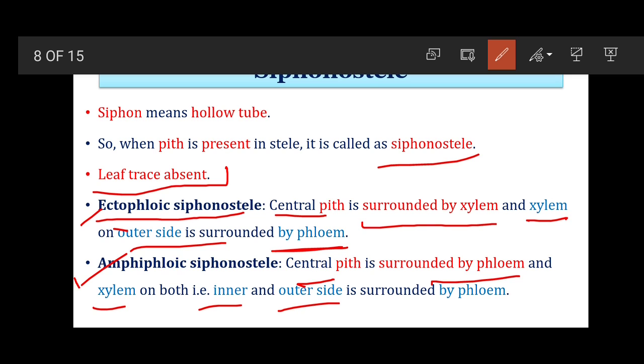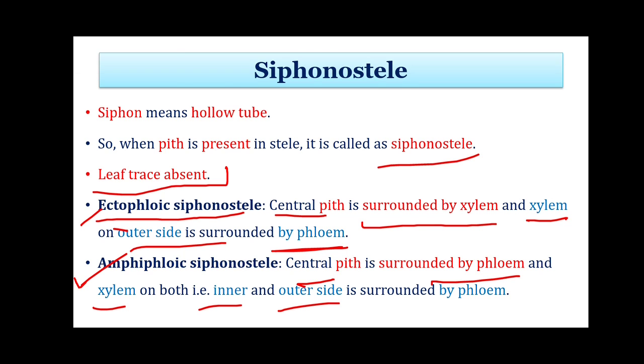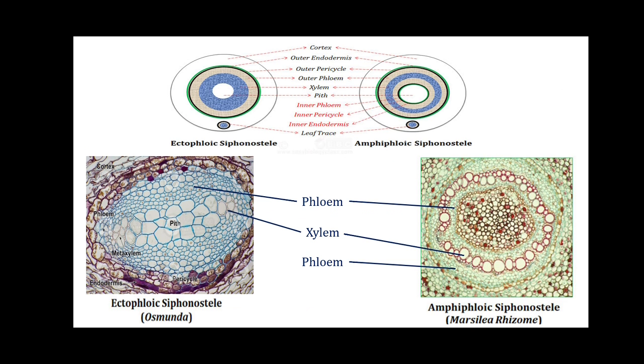That's why it is known as amphiphloic. In this diagram, there is a representation and the actual stele which represents both ectophloic and amphiphloic. You can just stop the video and try to understand the various labels and how ectophloic and amphiphloic look like.